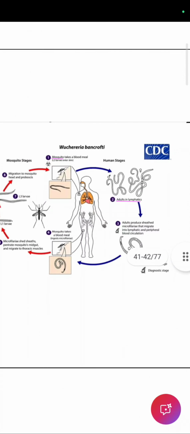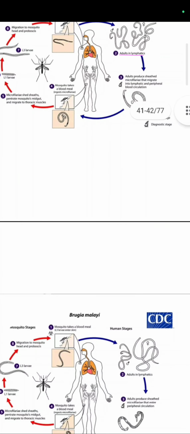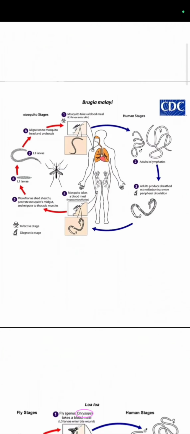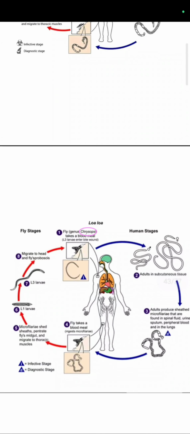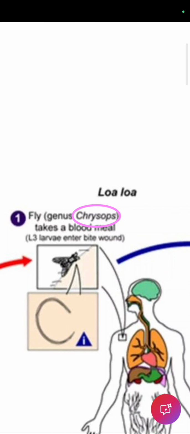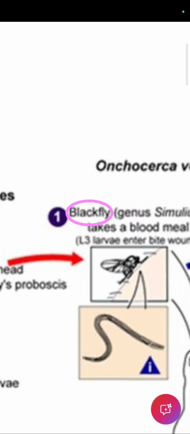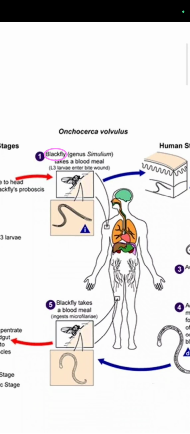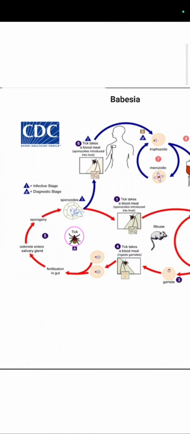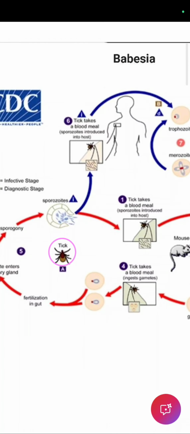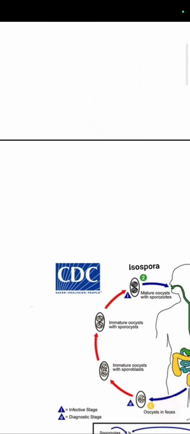You can't really differentiate between Wuchereria and Brugia as such from the life cycle, but I don't think they will ask that in the exam. Next is Loa loa, so just look out for Chrysops as the vector here. Onchocerca, similarly, black fly is the vector, just look out for that. Babesia, again, tick is the vector, hard tick or Ixodes tick. So yeah, just look for that one.